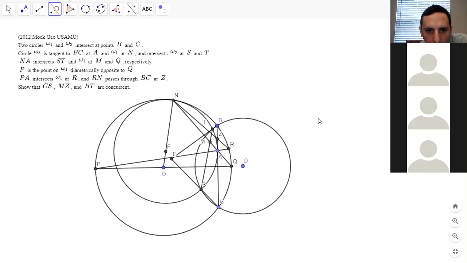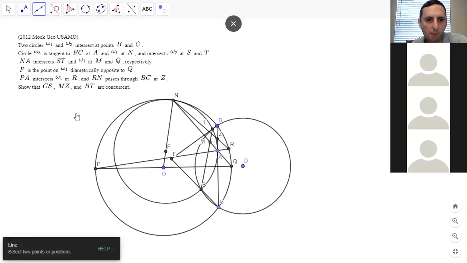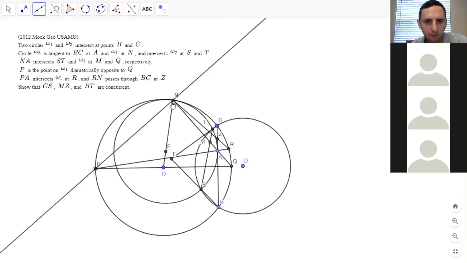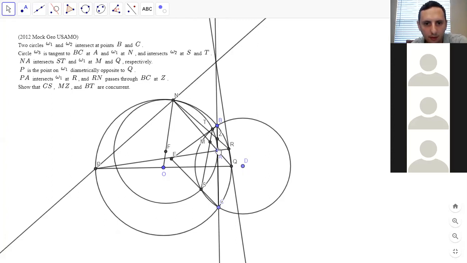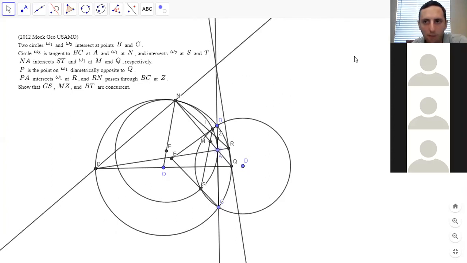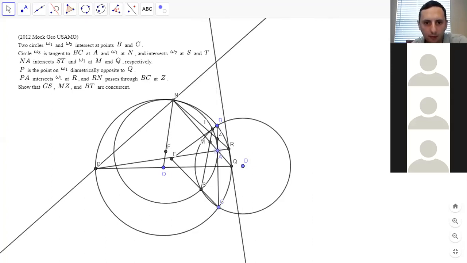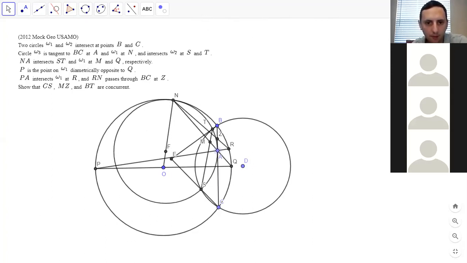So I wonder if QR, PN, and BC are concurrent. Ah, that looks true. Is that obvious? I think that might help a lot. Oh, is it? Is it obvious?